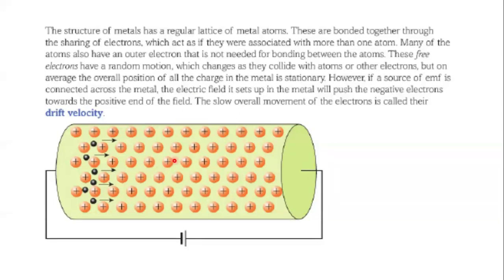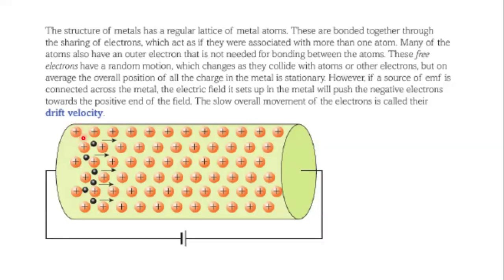Why is it that conductors, or your metals, actually conduct electricity? The reason is that a metal is made up of positive ions that are surrounded by a sea of delocalized or free electrons. For example, my wire is made up of copper metal.